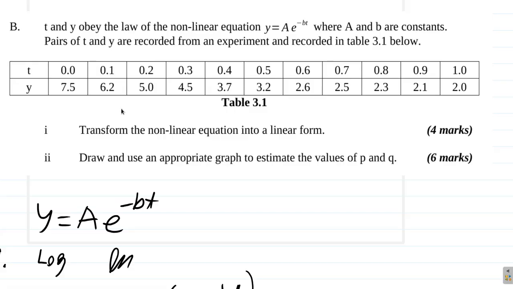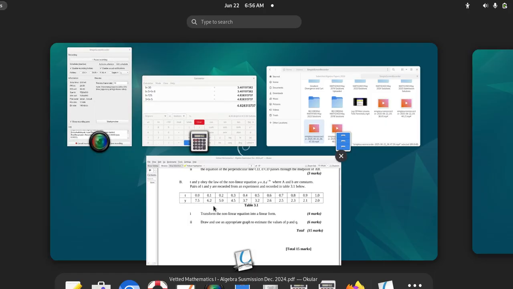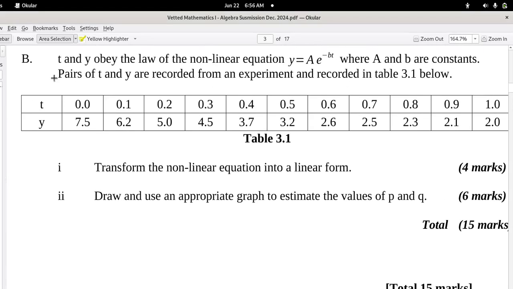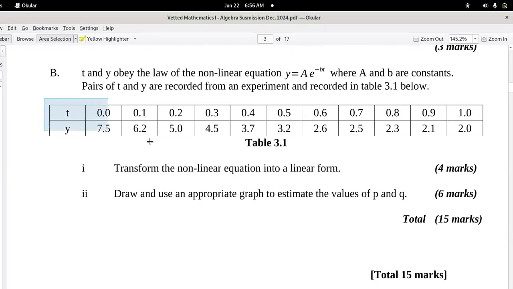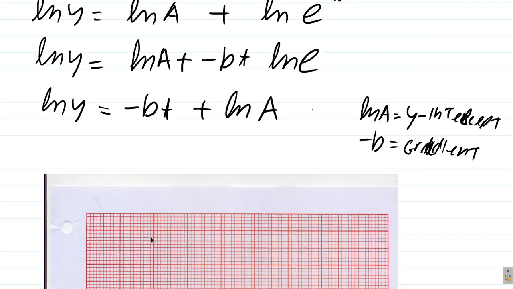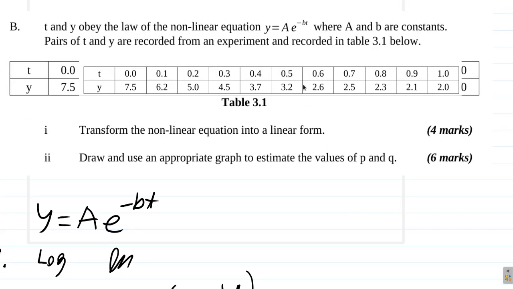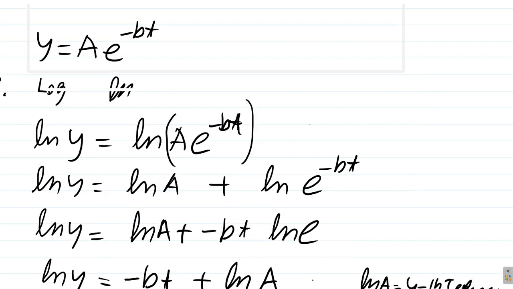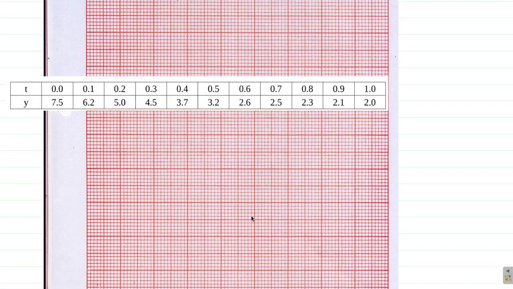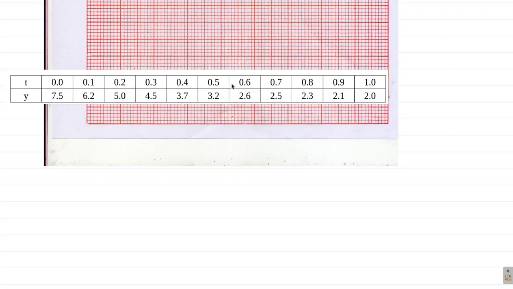Let me see now, we're going to deal with this. Let's copy this table here and paste it here. Let's drag this down. I'm going to make life a bit easier if we just have this table by itself.